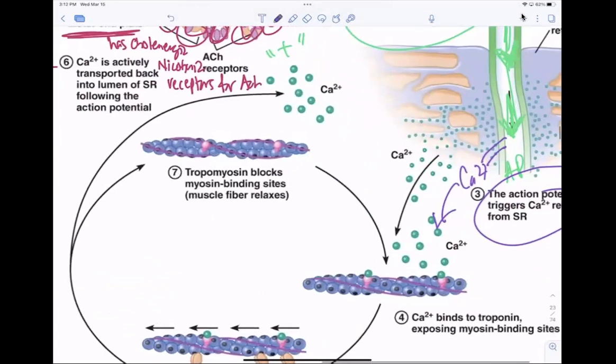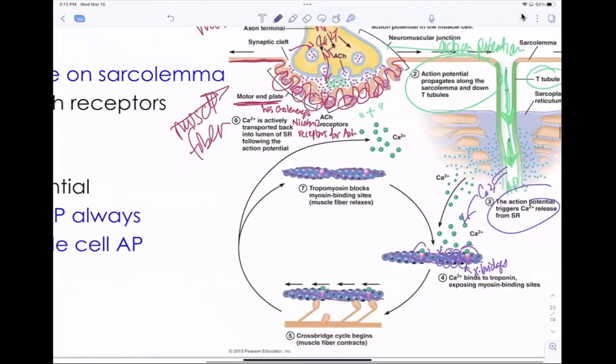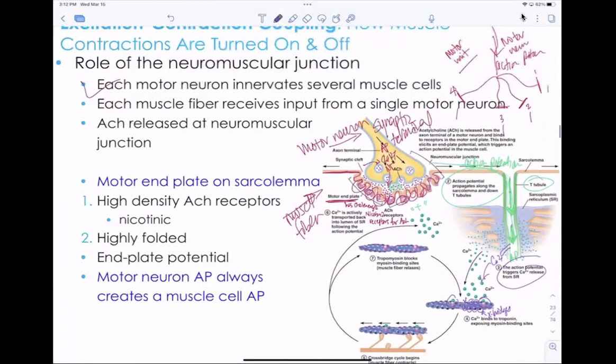Calcium's in the environment, binds to troponin complexes, moves tropomyosin, opens up these active sites for cross-bridging. And so now we're coupling excitation at the neuromuscular junction here with the cross-bridge cycle that's going on in every single sarcomere and every myofibril in the entire muscle fiber.